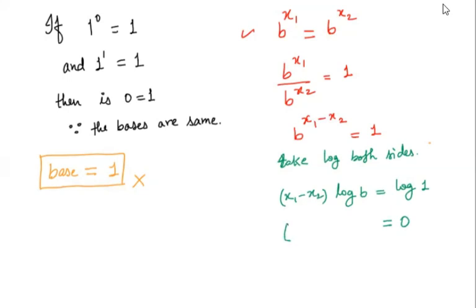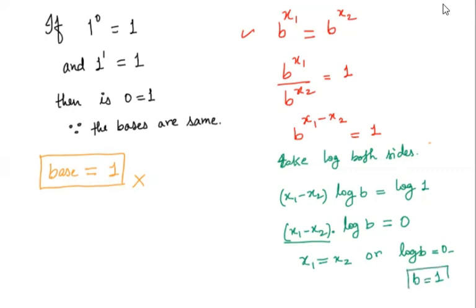So what we get over here is x1 minus x2 multiplied by log of b equal to 0. So this means either x1 is equal to x2, if this factor is equal to 0, or log b is equal to 0. Now, if log b is equal to 0, that means b is equal to 1, isn't it?